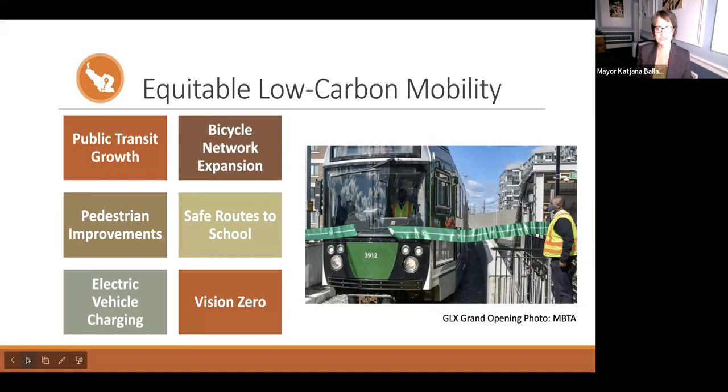Our efforts have focused on installing priority bus lanes to make bus travel safer and more reliable, extending the Green Line, expanding our bicycle network, making pedestrian safety improvements, whether that's streetscape redesign, better crosswalk striping, or establishing safe routes to school. Pursuing Vision Zero, which is an effort to prevent all serious injuries and deaths on our roadways. And we're also studying how best to expand our electric vehicle charging network.